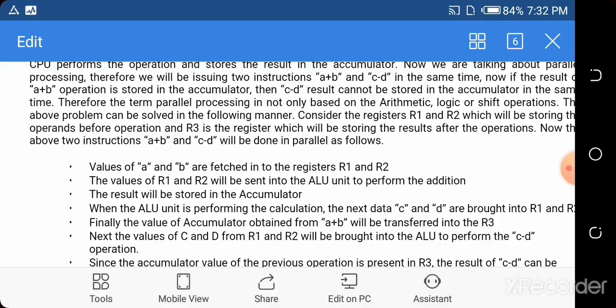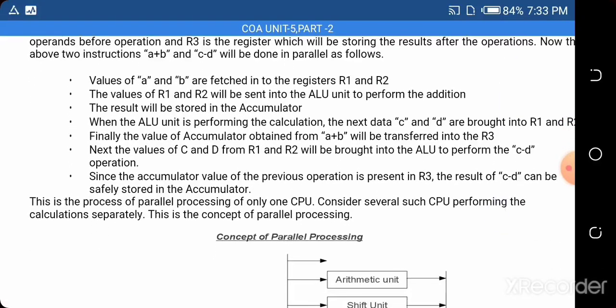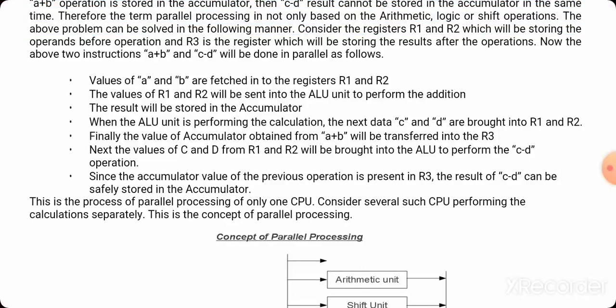So now finally the accumulator already has the A plus B operation result, right? It will send that result to another register, and it will store only the current operation result, right? So the C minus D operation result will be stored in the accumulator. See here the last point. Since the accumulator value of the previous operation is present in R3, the result of C minus D can be safely stored in the accumulator.